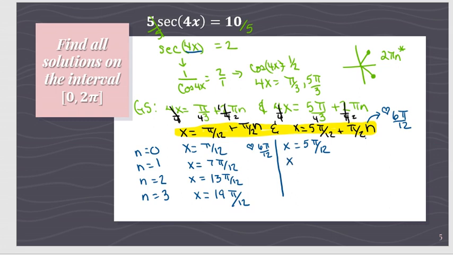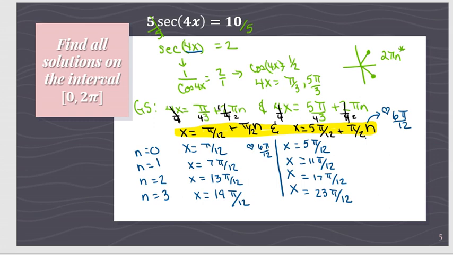I'm going to go down this side. That was 0. This is 1. This is 2. And this is 3. So on this one, and it's really pushed for space here, adding 6 to 5 is 11 pi over 12. Adding 6 to 11 is 17 pi over 12. Adding 6 to 17 is 23 pi over 12.